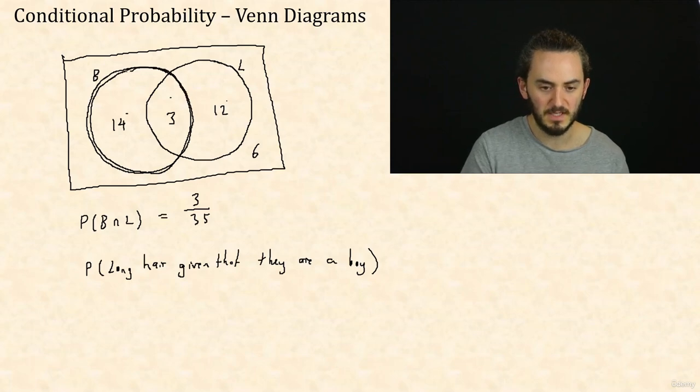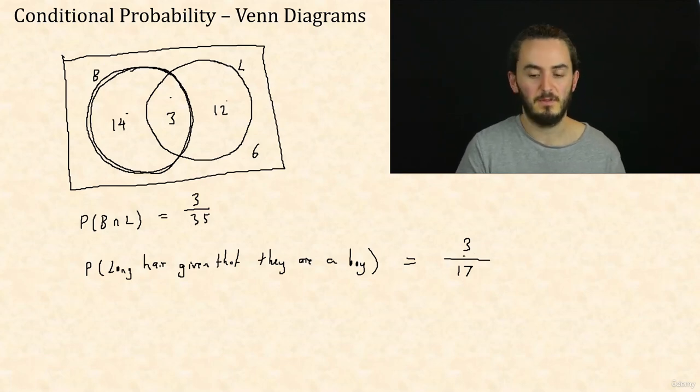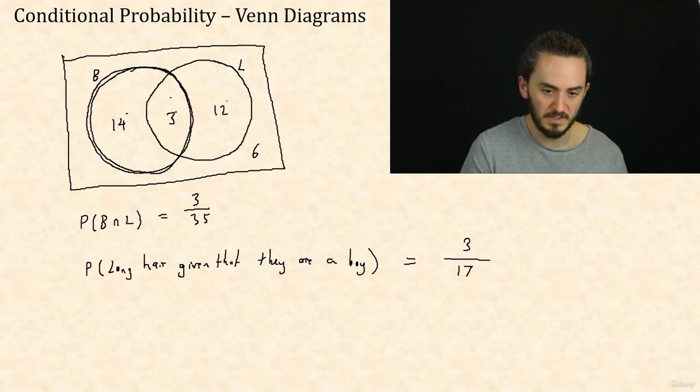Out of those children selected, and there are 17 there, what's the probability they have long hair? Out of the 17 boys, 3 of them have long hair. So that is the probability that a child has long hair given that they're a boy. The thing that has been given is the thing where we focus our attention on. So out of these, 3 of them have long hair.